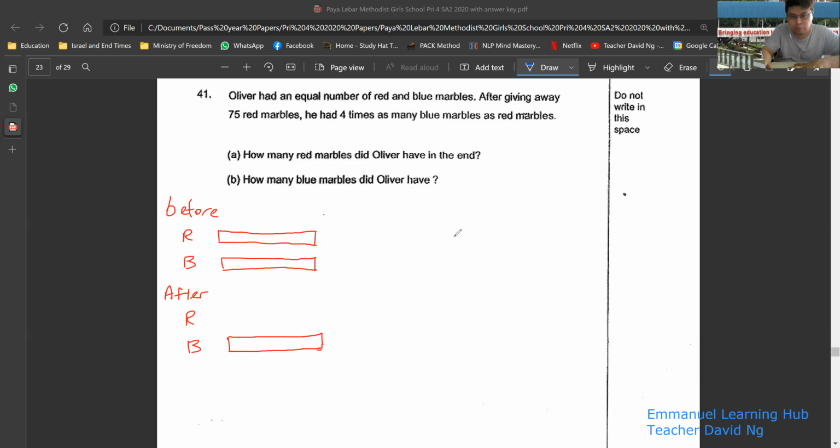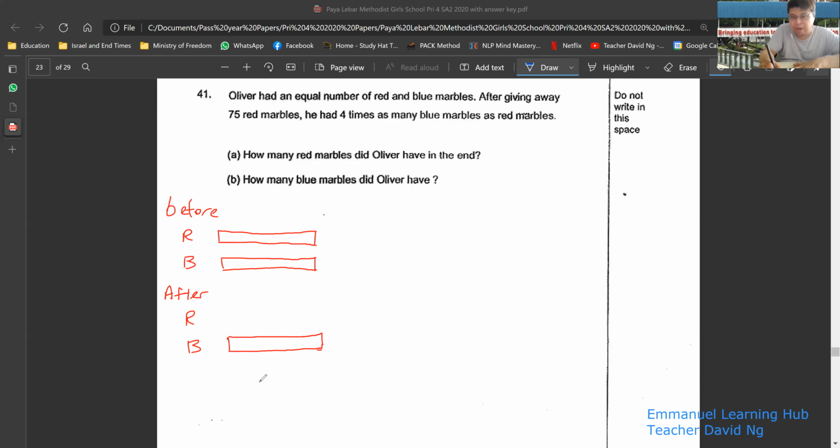Then have 4 times as many. He has 4 times as many blue marbles as red marbles. So what does that mean? That means my blue marbles, I need to divide it into how many parts?